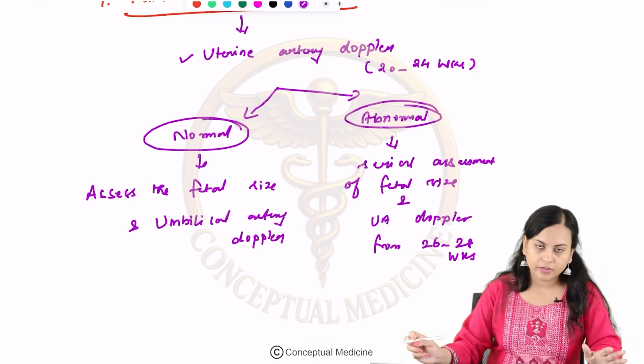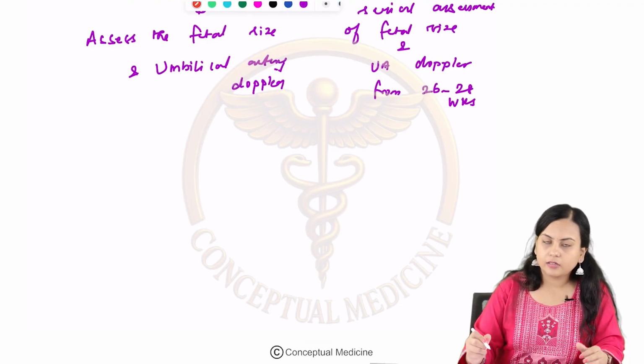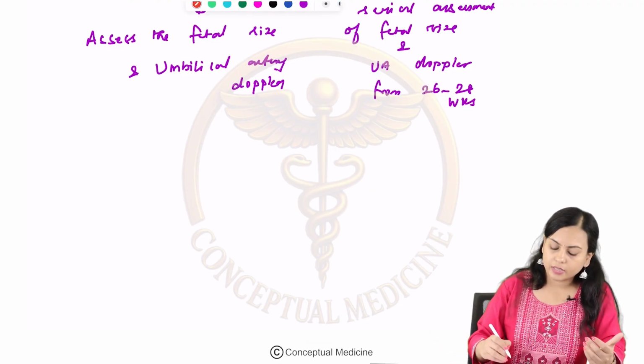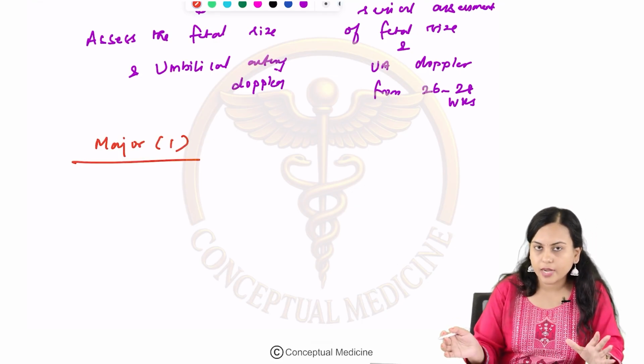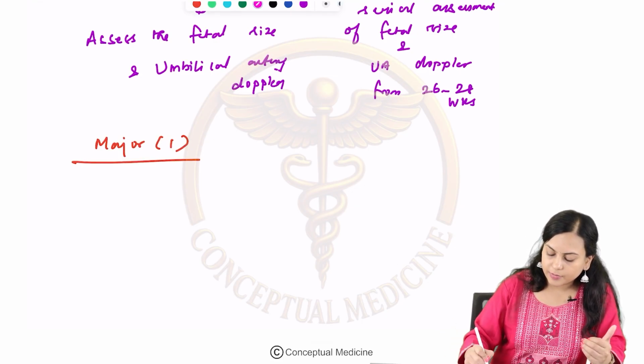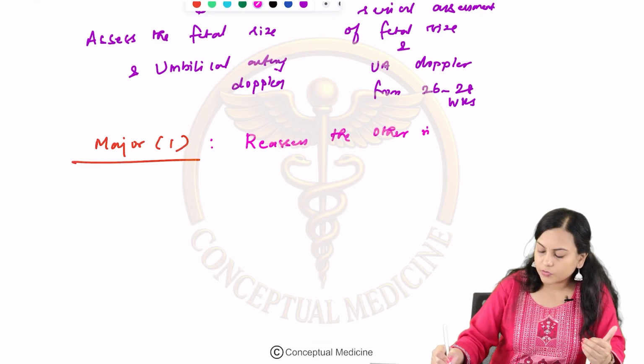Clear? Right? Okay. Now, let us say about the major risk factor. Suppose if you have even one major risk factor, it is considered to be a high risk. So, what you should be doing is basically you should be reassessing the other risk factors also.